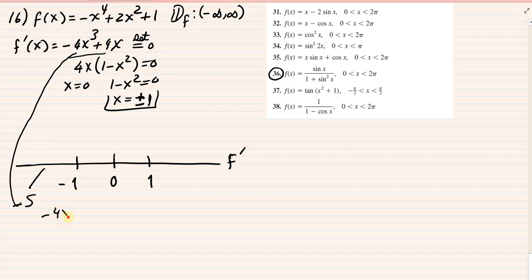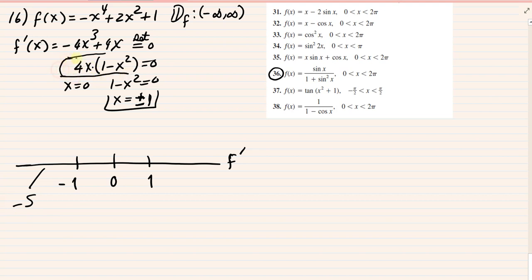So negative 4x cubed, this is going to be negative, right? The x cubed part will be negative, and the negative in front makes it positive. Plus the 4x part, when x is negative 5, that's going to be negative. Oh, let me actually do this a better way. Let's look at the factored form of f prime.